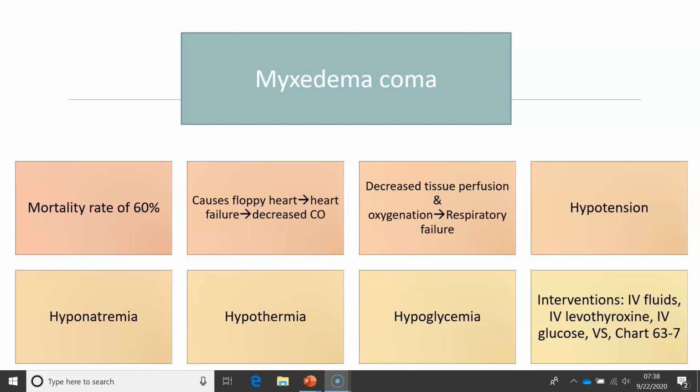If all of a sudden you saw this patient with lower blood pressure, you got their morning labs back and they had low sodium levels, their temperature was unusually cold and it had already been rechecked, they had a low blood sugar, these are things you would want to notify the provider about immediately, and obtain, meaning to get or gather, in order to have care transferred into a critical care unit.